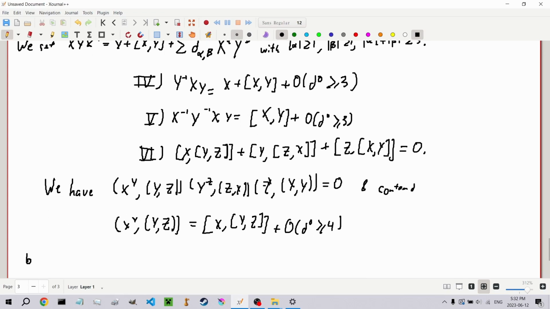And we get this formula by noting that x to the y is just x plus higher order stuff of degree at least 2.